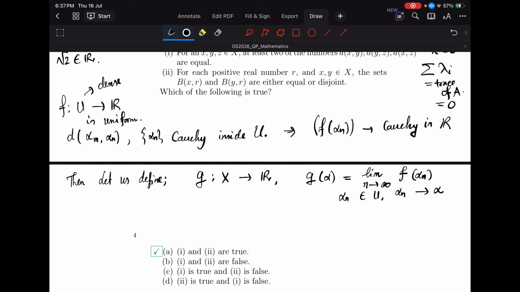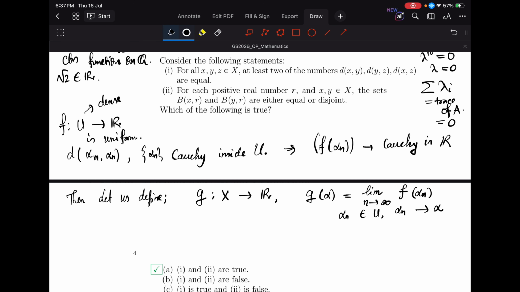So why will it converge? Here we will use the uniform continuity of f, because alpha n tends to alpha means alpha n is Cauchy, and the image f of alpha n is Cauchy, so f of alpha n is convergent, right?